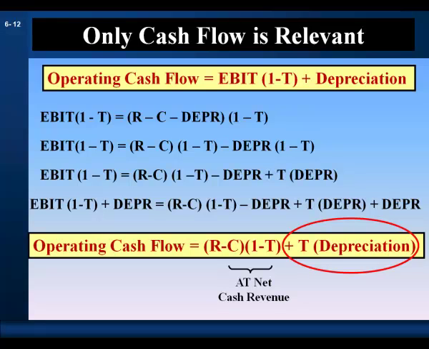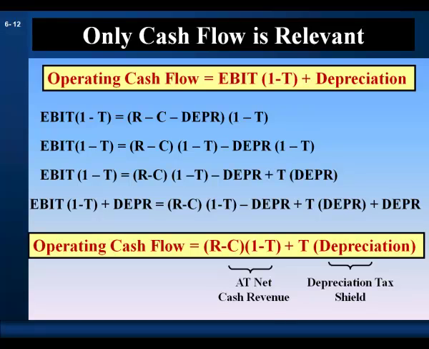The tax rate times depreciation can be thought of as a tax refund, resulting from the depreciation deduction, and thus it's an additional cash flow. This is also called the depreciation tax shield. It's the portion of operating income that's shielded from taxes by the depreciation deduction.